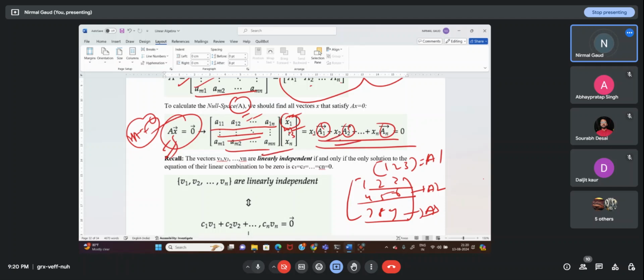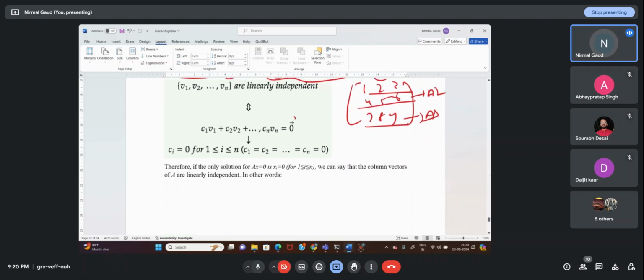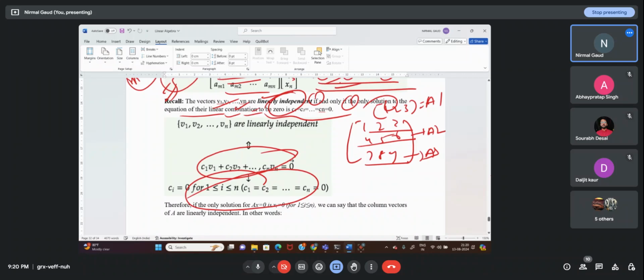So the vectors are linearly independent if the only solution of the linear combination is all zeros. If all of them become zero, then you get linearly independent vectors. If the value of this span becomes zero, then they are linearly independent.